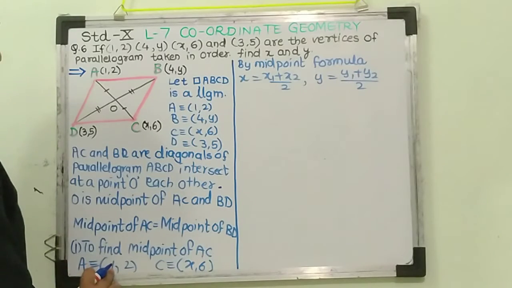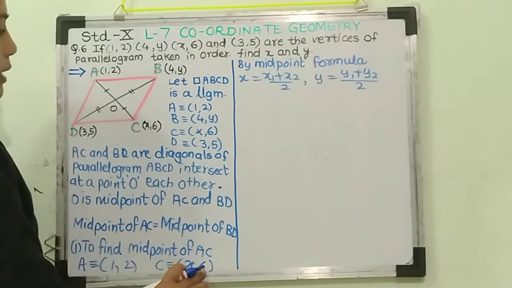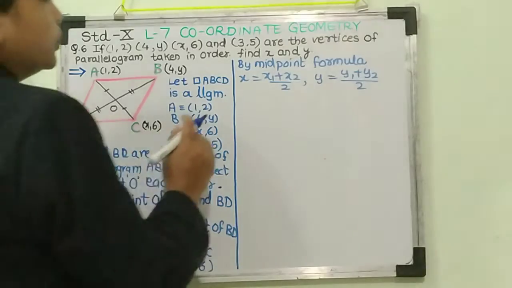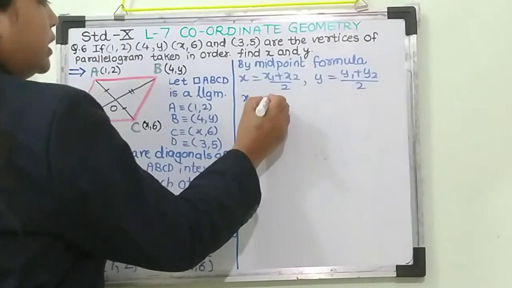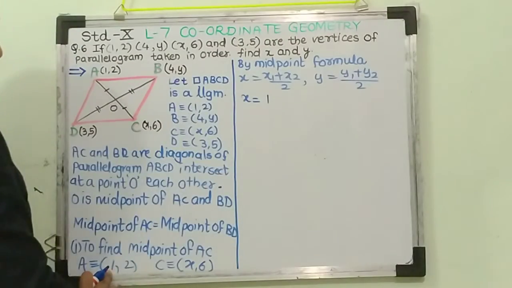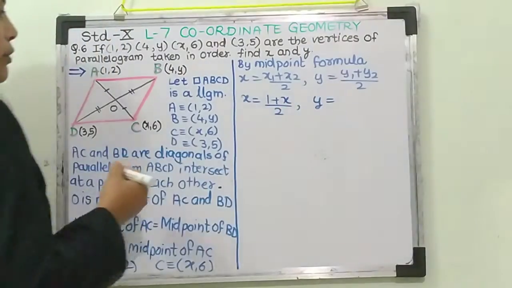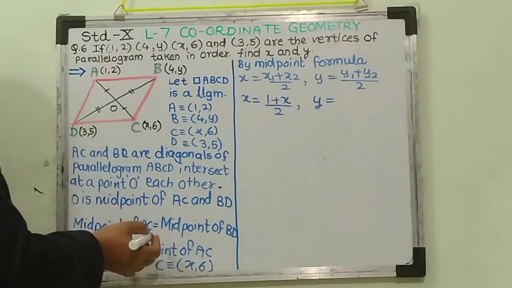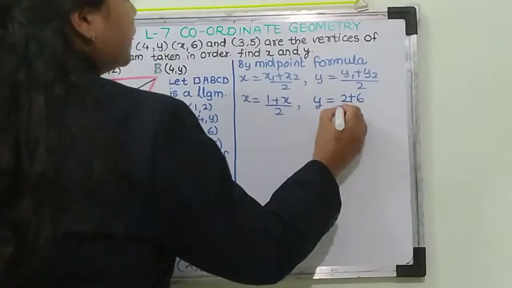A's coordinates are 1 comma 2, that is x1 y1, and C's coordinates are x comma 6, that is x2 y2. So here we get x equals x1 plus x2 upon 2, that is 1 plus x upon 2, and for the y coordinate we get 2 plus 6 upon 2.